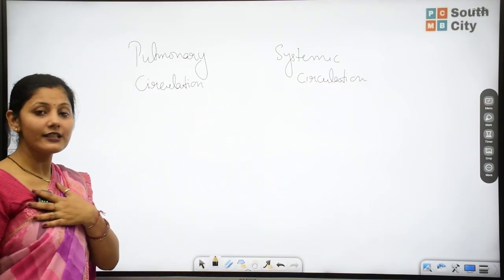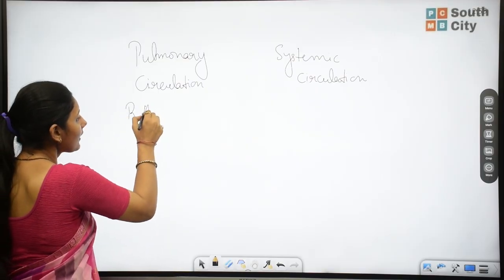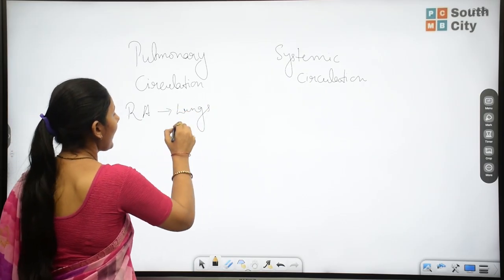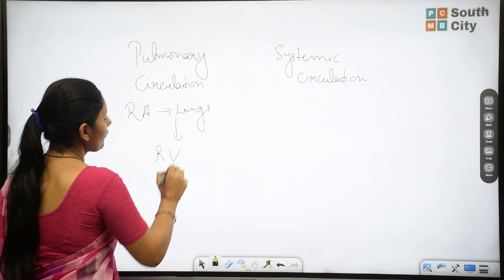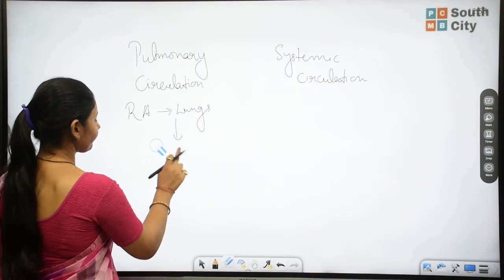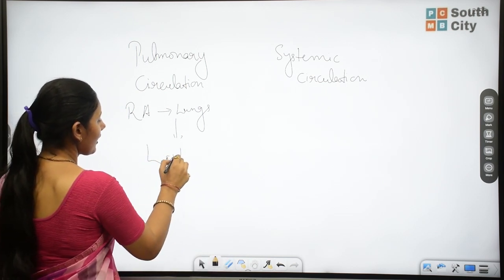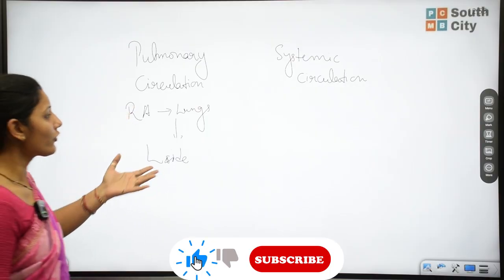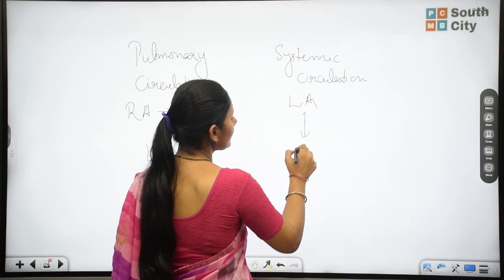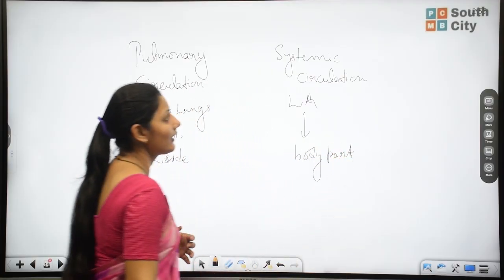Now the circulation which occurs from the right auricle to the lungs and then the right ventricle, and then the left ventricle, and then the left side, is known as the pulmonary circulation, and the circulation from left auricle to the body part is known as the systemic circulation.